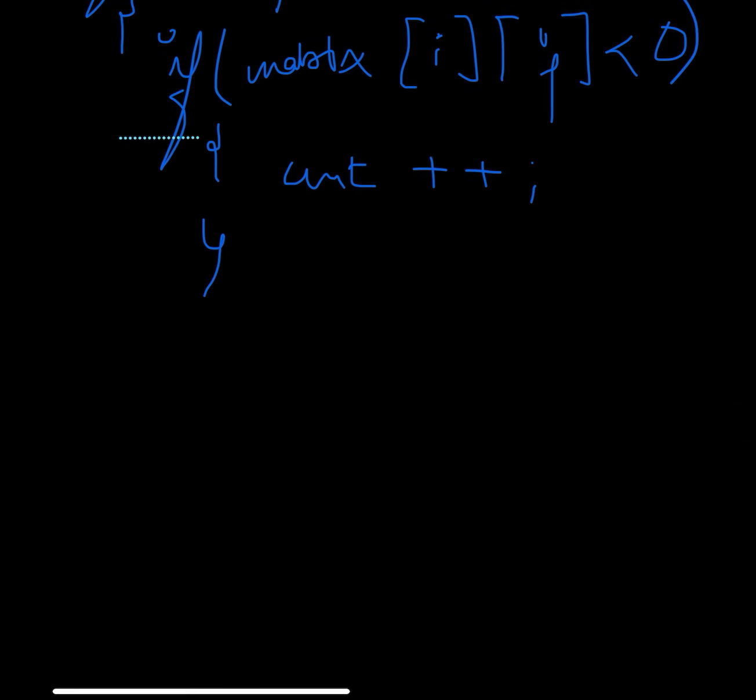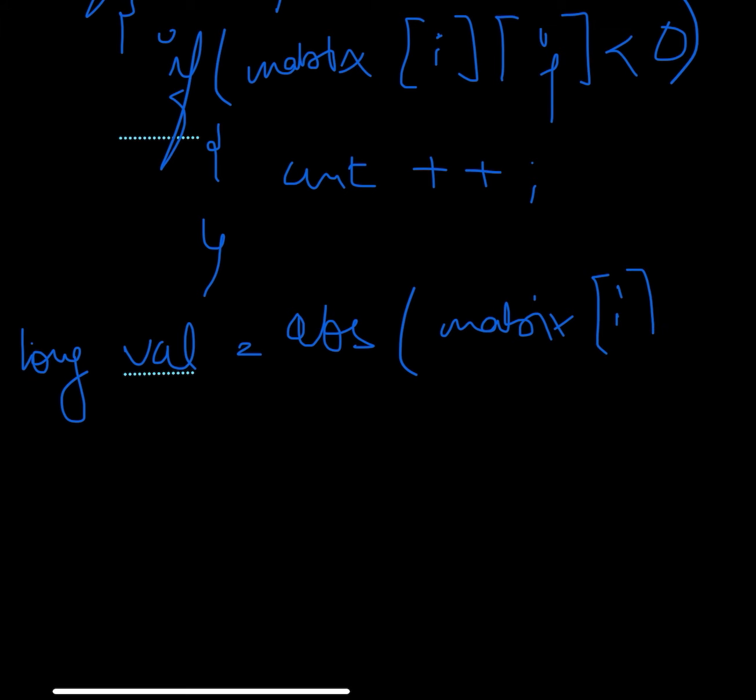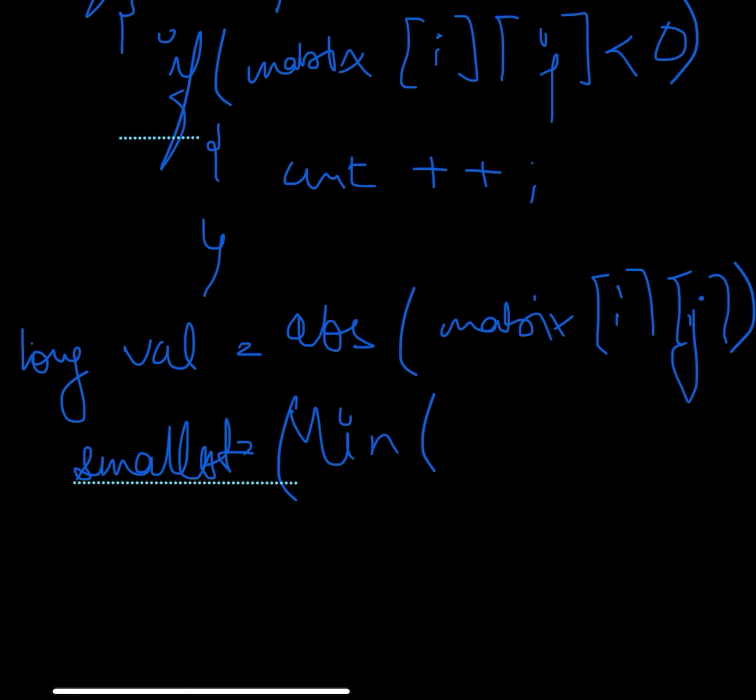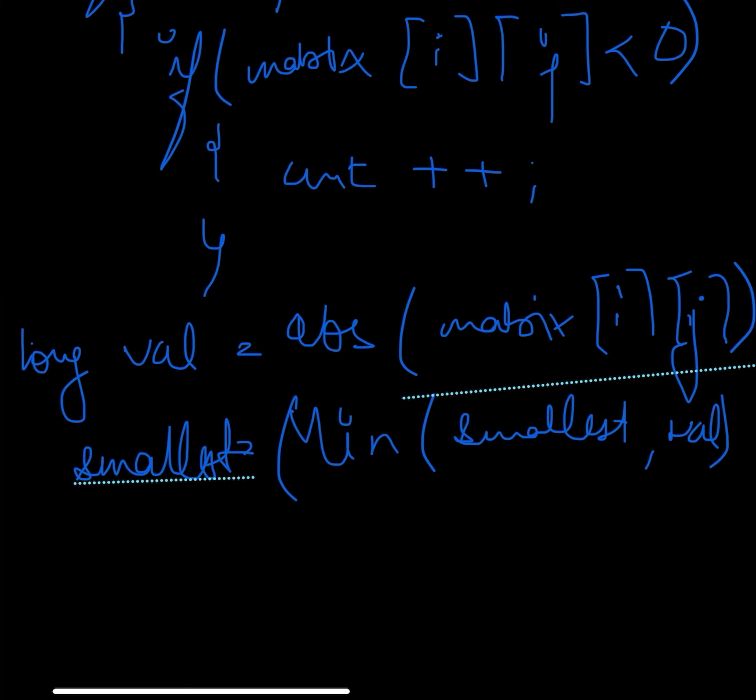And in the loop, we'll take a variable and store the absolute value of that element. For the smallest, we'll take the min of smallest and that value.